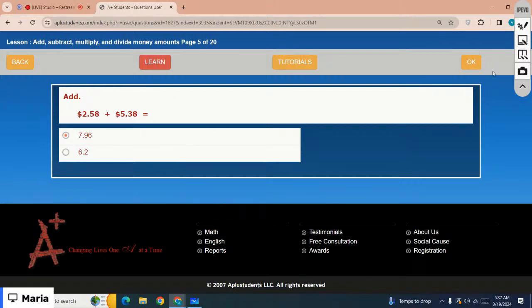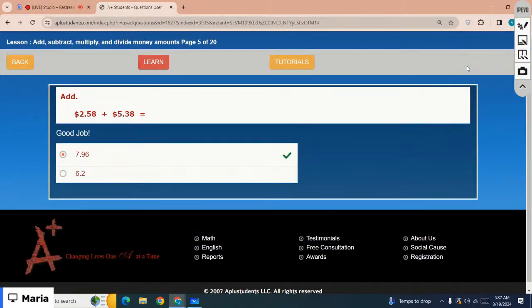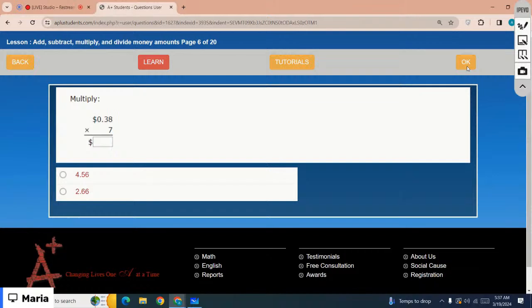Option number one is the correct option. 0.38 times 7, which is the correct option?